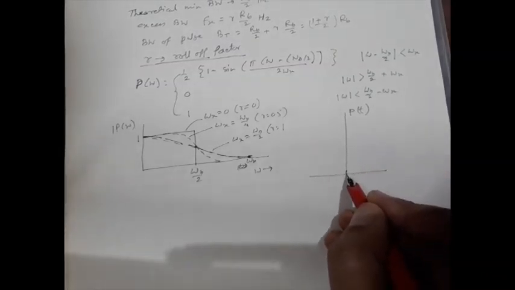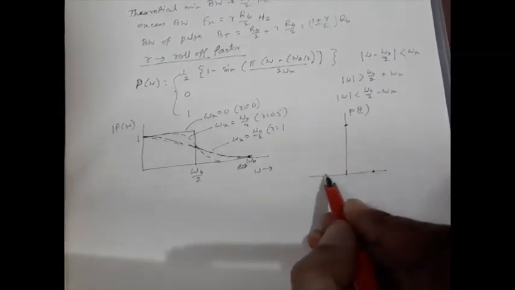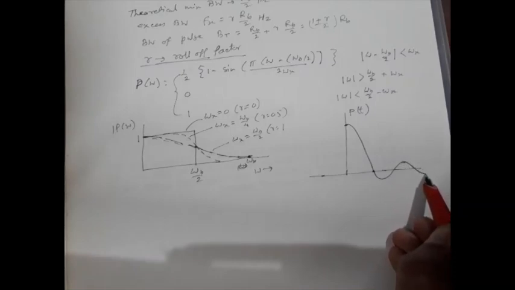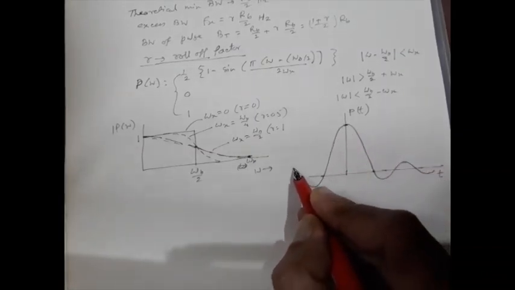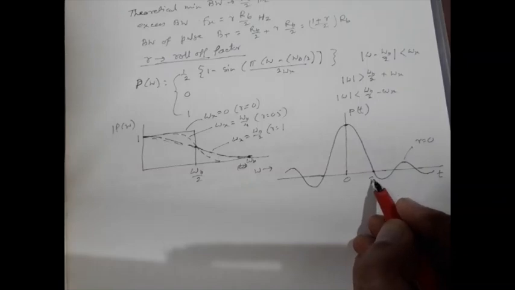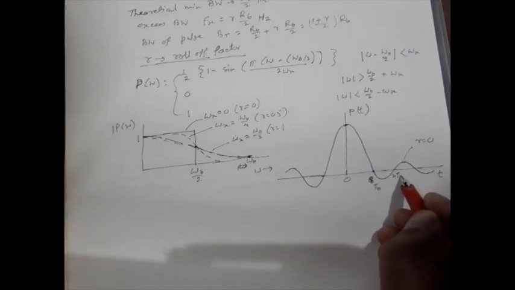If we plot in the time domain, we can see it is a usual sinc pulse for r equal to 0, with marks at TB, twice TB, etc., and minus TB.